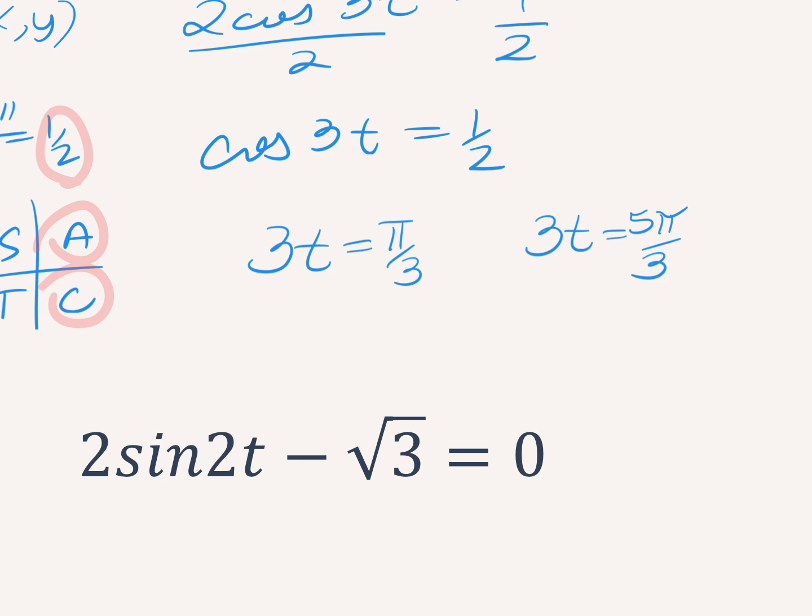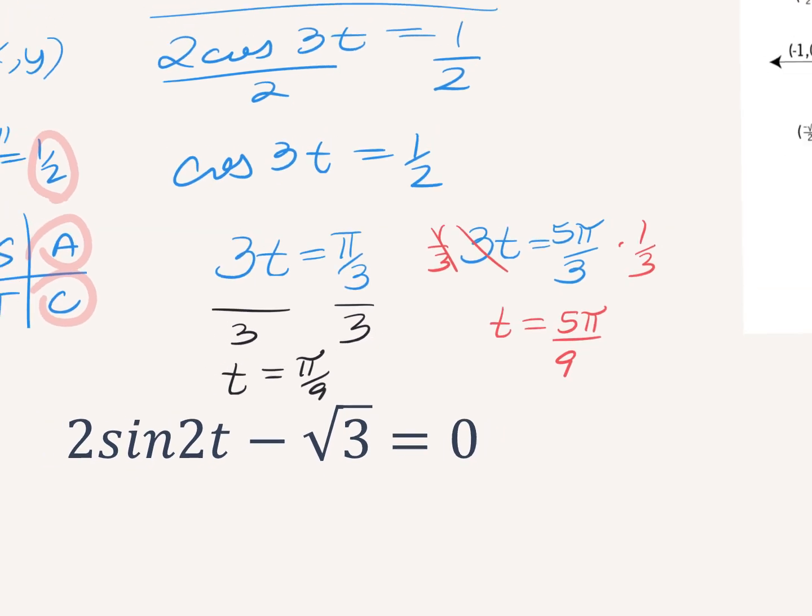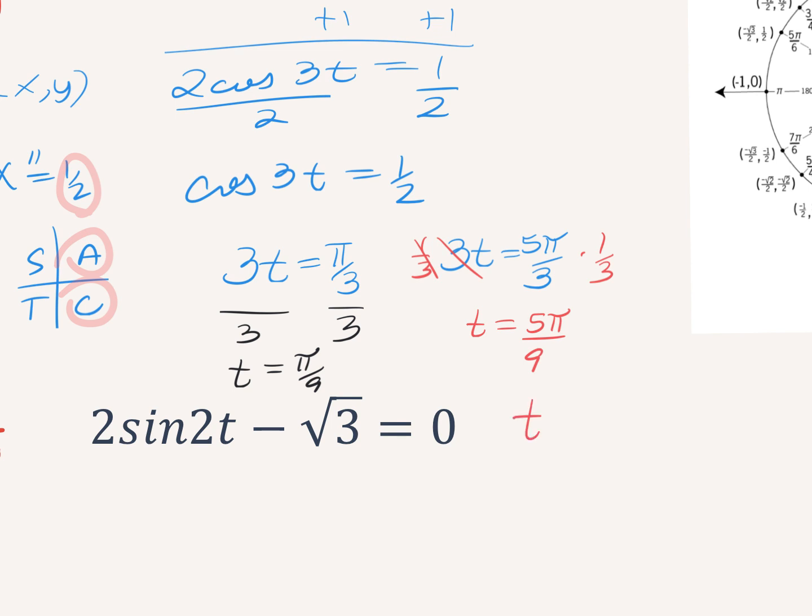So you can either show that we're dividing by 3, or if that confuses you, you can keep, flip, change, and it turns into t is equal to pi over 9. Over here, if you don't like that way, you could have also said, well, I know it's multiplied by 1/3, and then that'll cancel it. However you want to solve for that variable to isolate it, either keep, flip, change it, or multiply by the reciprocal. And then it's 5 pi over 9. So the answer in radians would be t is equal to pi over 9, 5 pi over 9.